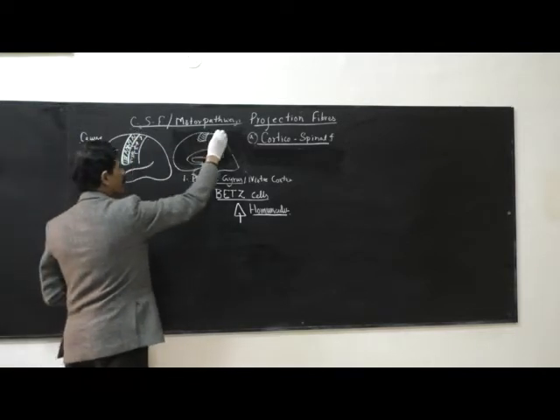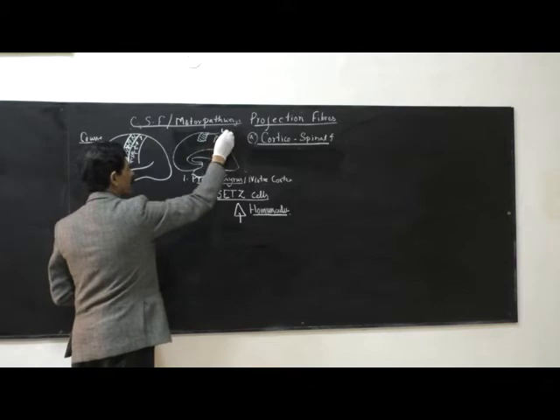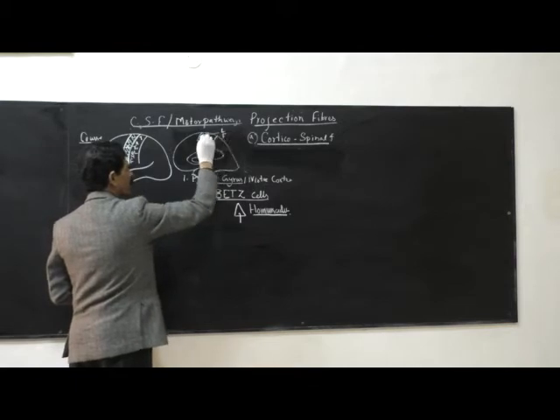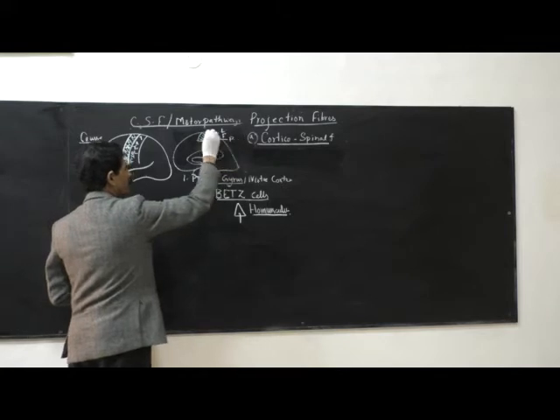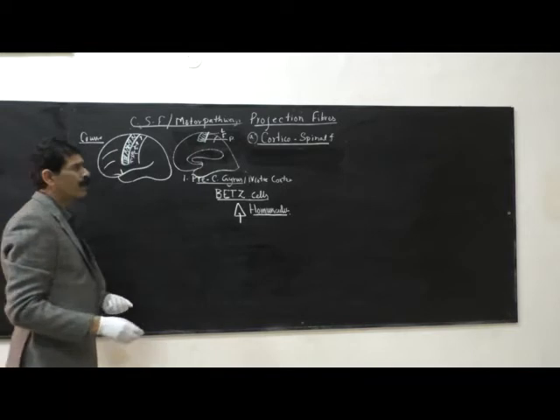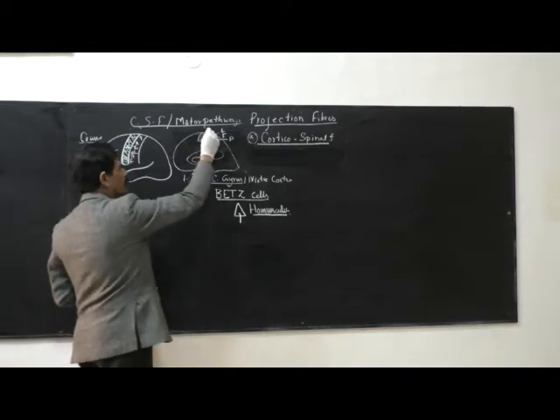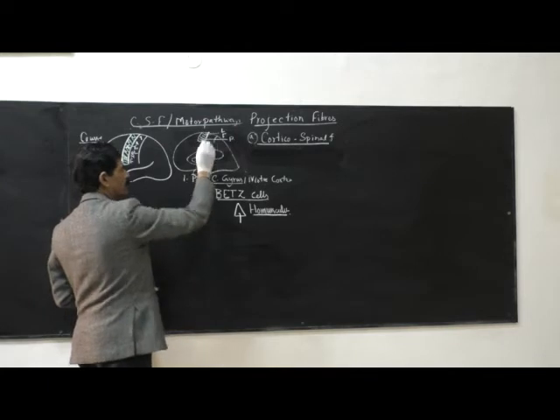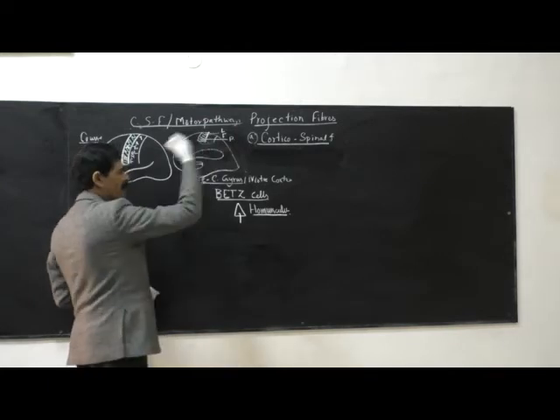Here this area represents the muscles of the leg, muscles of the foot, and the lowermost area represents the muscles of the perineum. So this area around the precentral is also called the paracentral lobule. So on the medial surface, this area is called the paracentral lobule. So this is how the body is represented upside down.